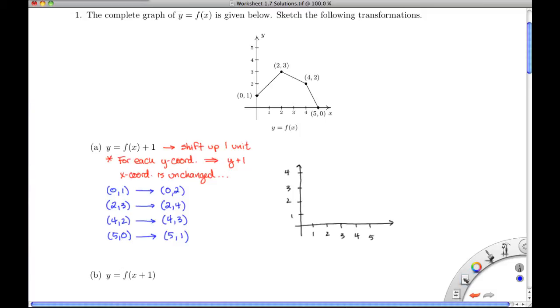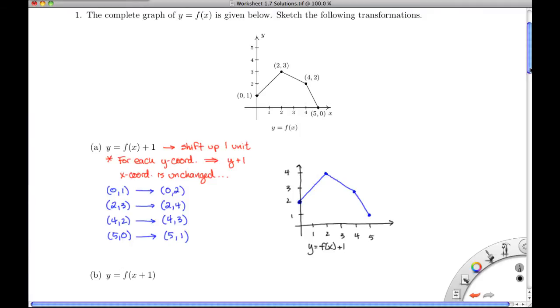So 0, 2 will go right there. 2, 4 will go up here. 4, 3 will go right here. And then the point 5, 1 will go right here. And then we can connect these points as was suggested in the graph that we've given. So the graph we end up with here is our function y is equal to f of x plus 1. And we clearly see that this is the same graph, just sort of shifted up 1 unit.